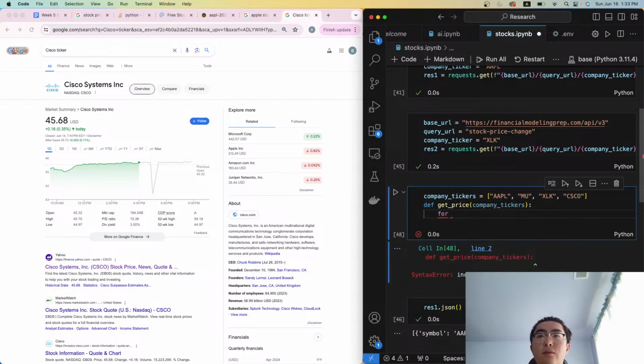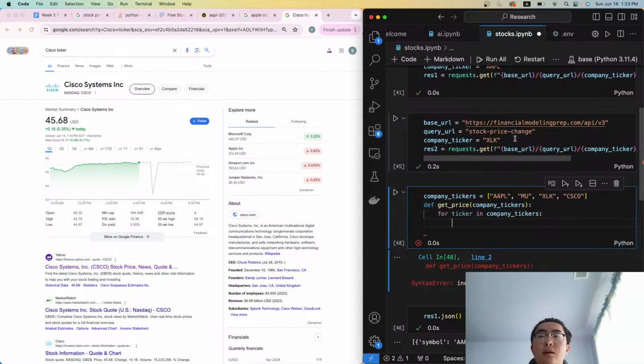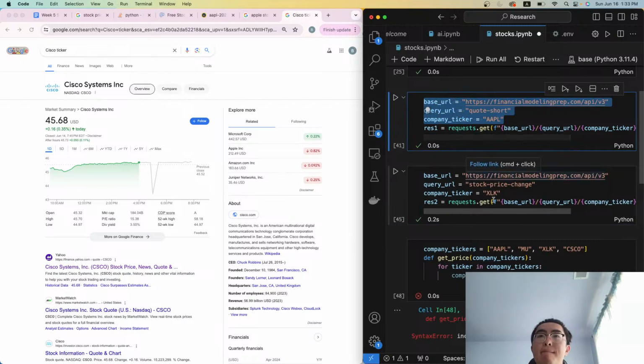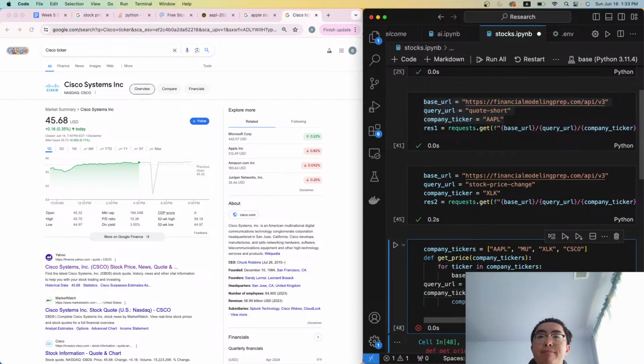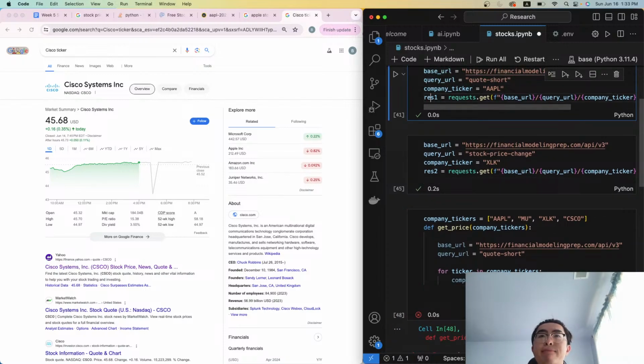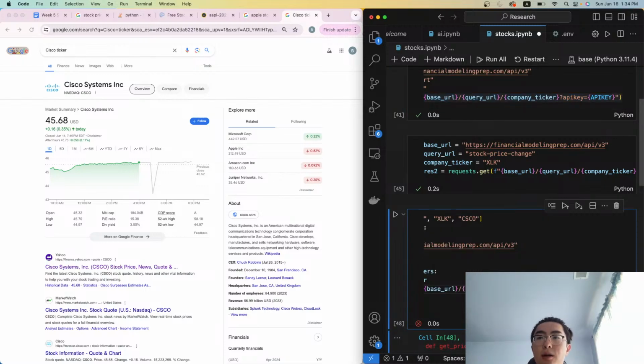Okay. So for ticker in company tickers. Alright, so we'll do company ticker is equal to ticker, and then we'll do base URL. Yeah. Okay, now we'll get the response.